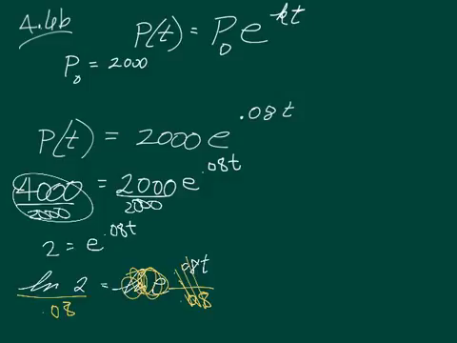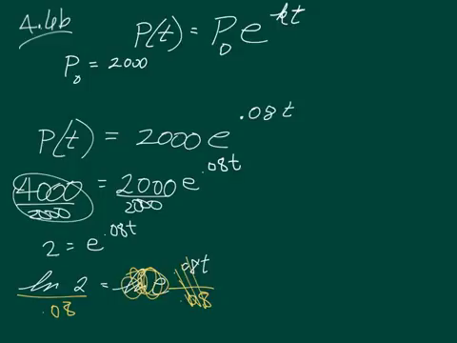So when we put that $2,000 in, we let it sit for 8.7 years, we'll have $4,000 when all is said and done. This formula that we came up with, ln of 2 divided by 0.08 equals t, for doubling, gives us an equation, in fact 3 equations when it comes to doubling time.